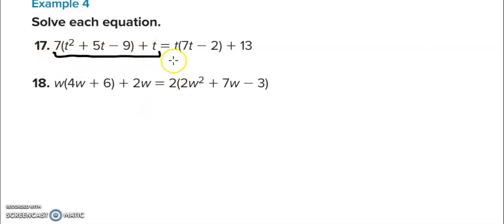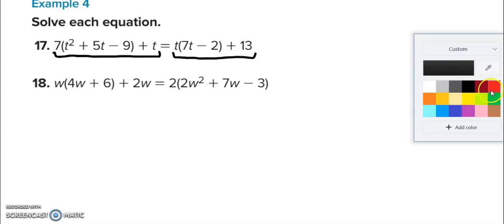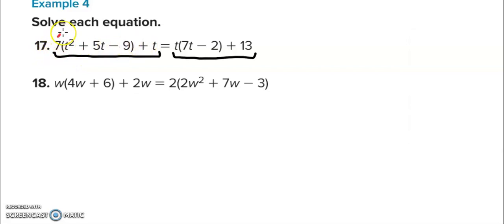We have to simplify this, then we simplify this, and then we have an equation with one variable where that variable appears a couple different places in the equation. So as usual, let's take a look at how that's going to work. So we simplify this left side. Again, as always, we're going to use our distributive property to get rid of these parentheses and simplify that. And of course, we can't forget about our plus t here.